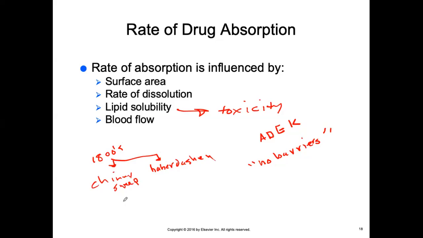The chimney sweeps had a terrible job. They had to go down into the chimney and clear out the coal dust so that the smoke wouldn't fill the building and kill all the people inside, right? Smoke inhalation. The coal dust contained a compound called DES, diethylstilbestrol, which is a potent carcinogen. So over time, this carcinogen accumulated in the fat stores in the body, and a lot of these chimney sweeps died of testicular cancer. Okay.